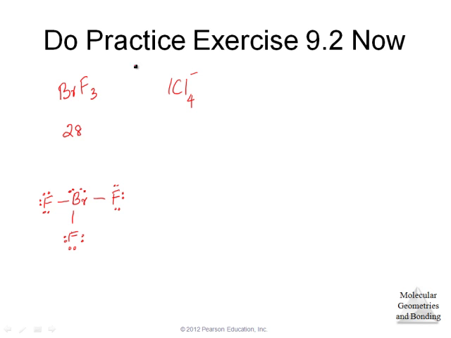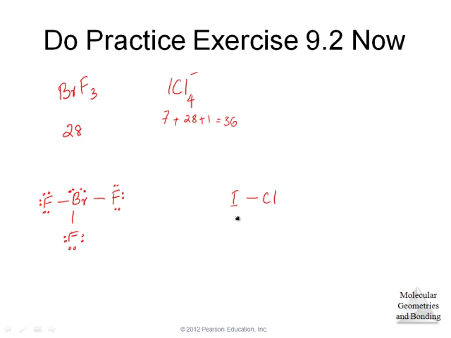Okay, ICl4 minus. Again, both are from group 7. So 7 plus 4 times 7, 28, plus 1. So how many total? 34 or 36? 36. Okay. Who goes in the middle? I goes in the middle. Okay.